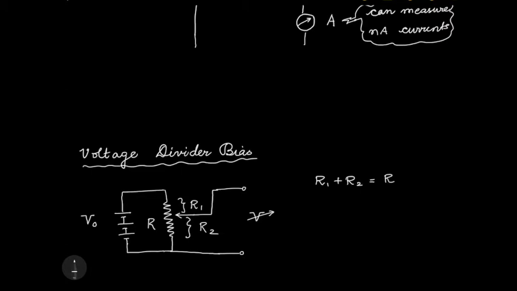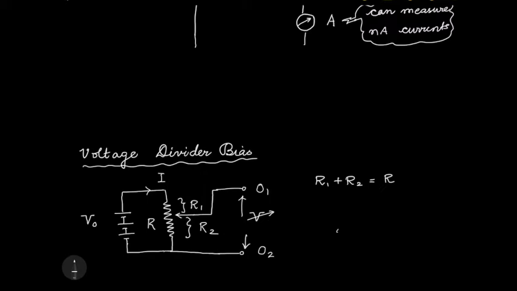Now if I ask what is the voltage between the two output terminals: the voltage drop across R is V0, so the current flowing through this is I. Between output 1 and output 2, the voltage will be the voltage seen by the resistance R2.